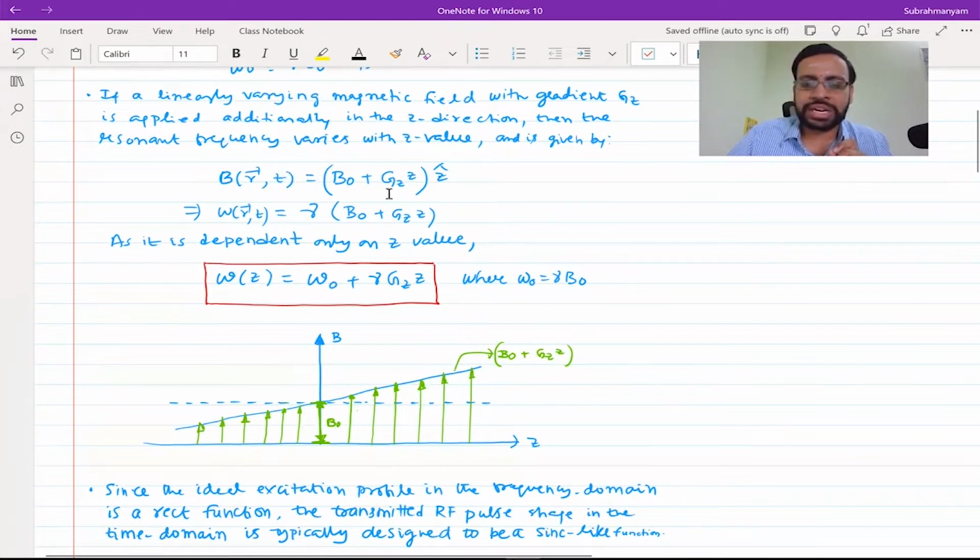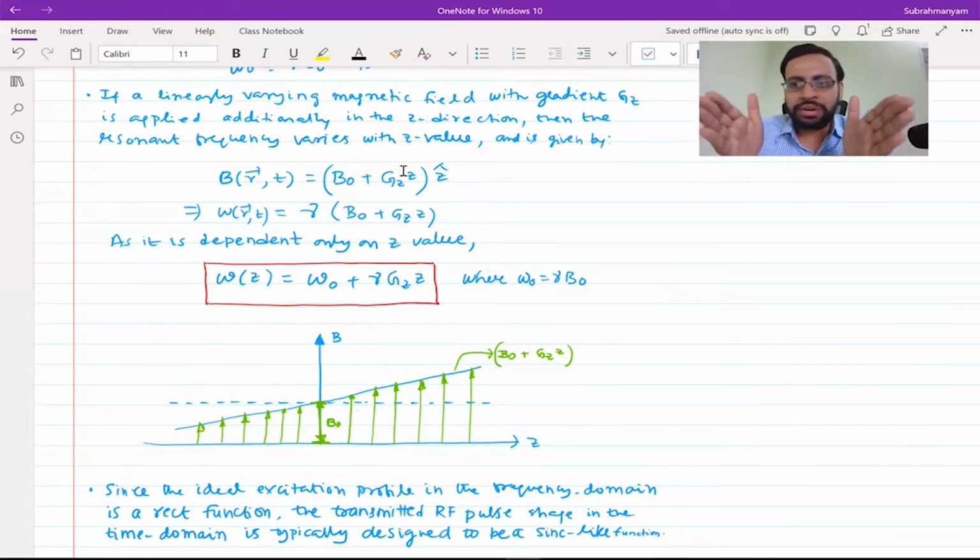If I have to strictly write it, I could even write it as B of Z comma T. Since we want slice selection, I would say it's a Z value. So what we are doing is B naught plus Gz into Z. This has nothing to do with X, Y values. It varies with respect to Z, and is added to the constant uniform magnetic field B naught you have everywhere.